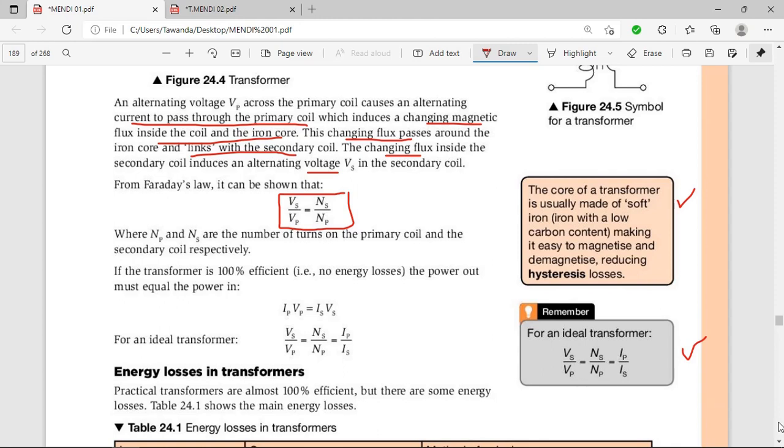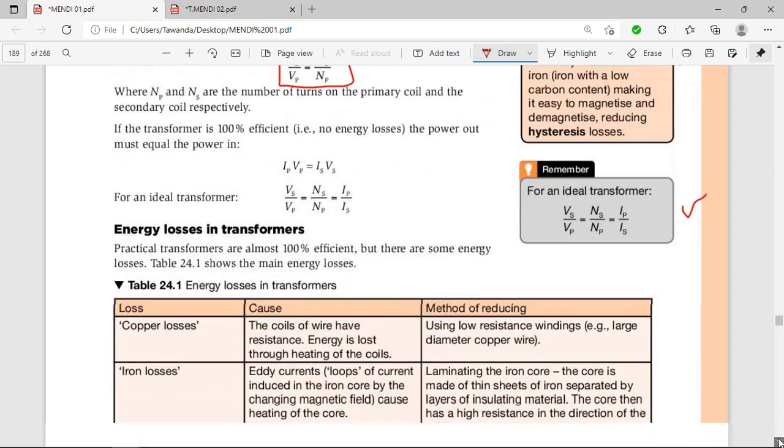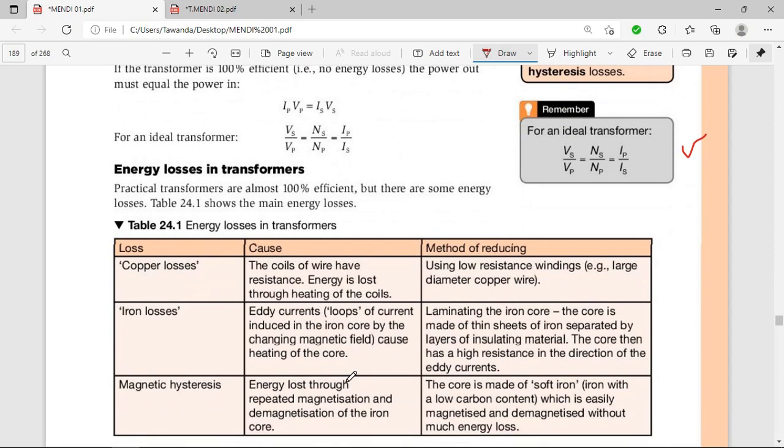Right. Then for real transformers, the practical transformers, they are not always 100% efficient, but there is some energy which is lost. And the table below shows the main energy losses. We have copper losses, we have iron losses, we have magnetic hysteresis.